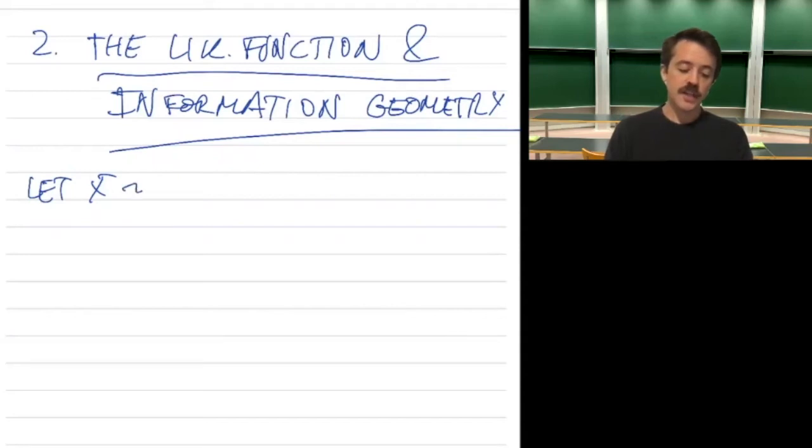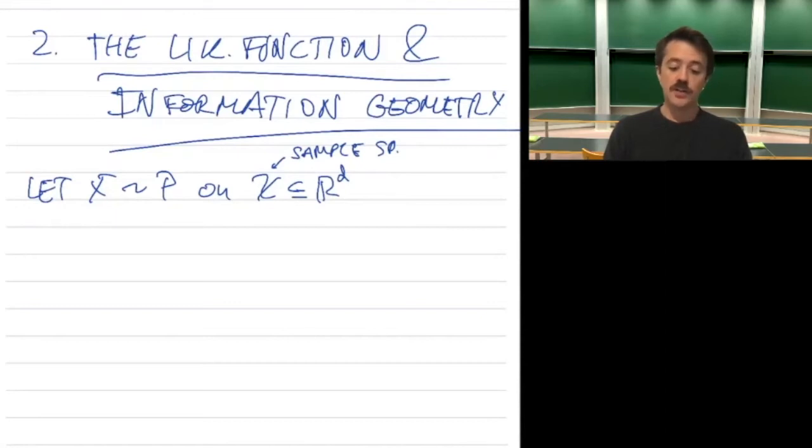So let X, just as usual, be distributed according to this distributional law, capital P, and we're going to allow it to take values in what is called the sample space, which is not necessarily a subset of R only, but can be a subset of R^d for some d that is maybe larger than 1.